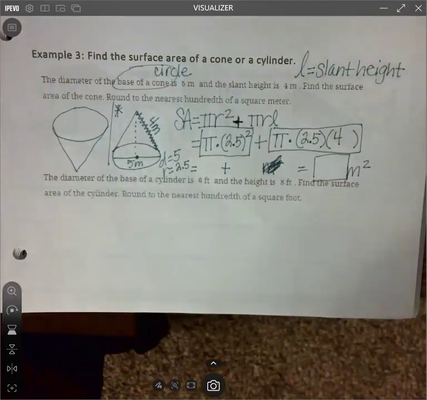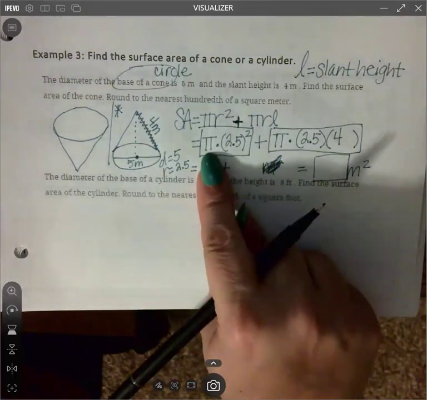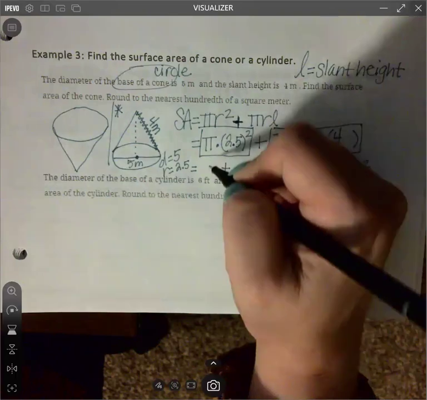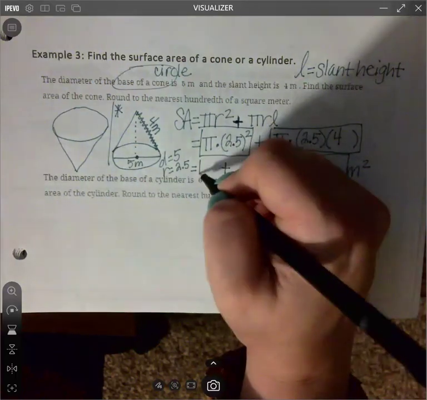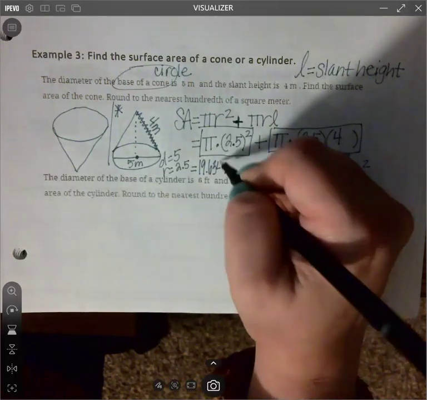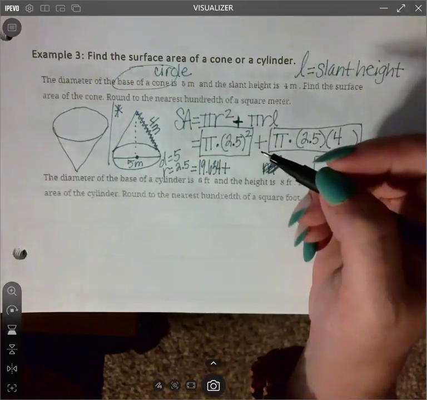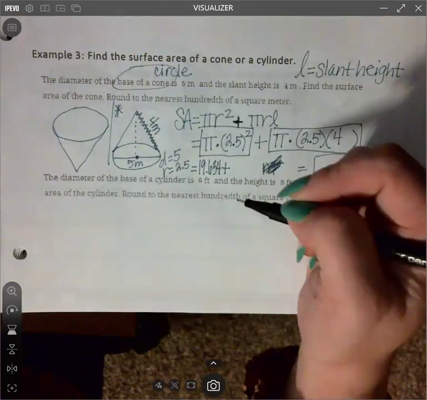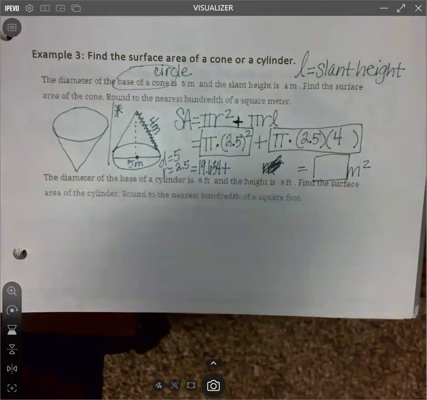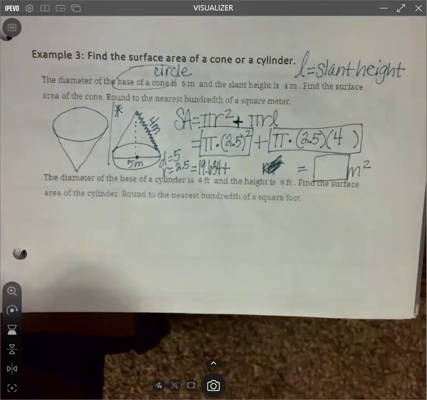Okay. So let's go ahead and do the left side. Grab that calculator, find your pi button, multiply by 2.5 squared, or 2.5 times 2.5. And I got 19.63495408. And I'm just going to write the first 3 down just to save some time, but I'm going to keep all of it on my calculator.